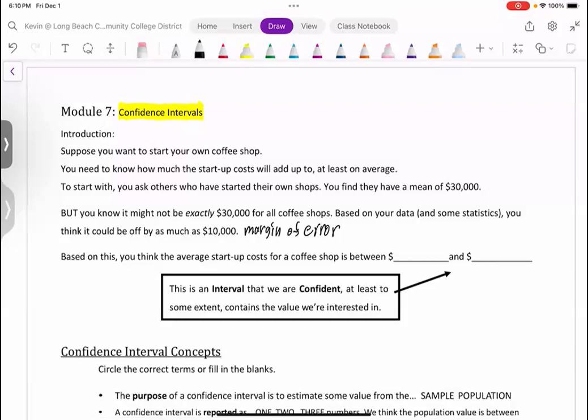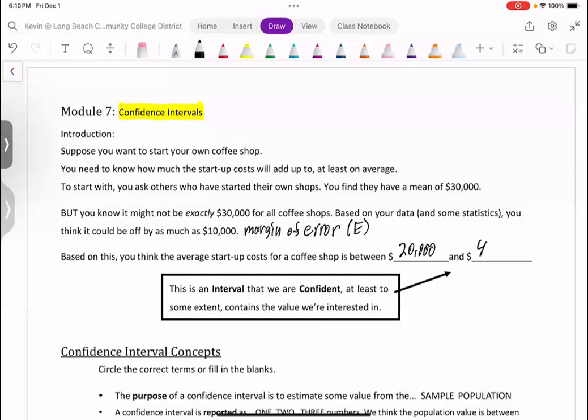Now, this margin of error, we often use the capital letter E to represent that. You'll see that in formulas and things like that. So if it could be off by up to $10,000 in either direction, then I'm going to take $30,000 and subtract $10,000. So that means it's going to be between 20,000 and, I'm going to take 30,000 and add 10,000.